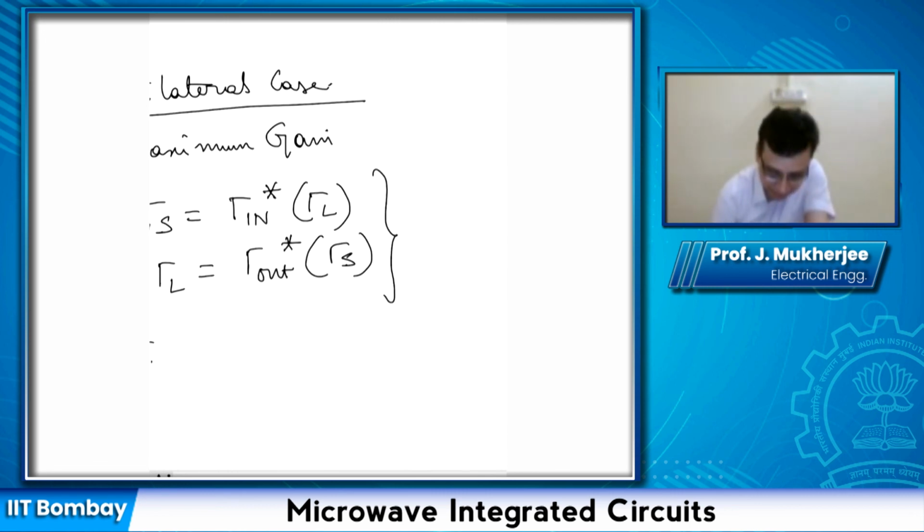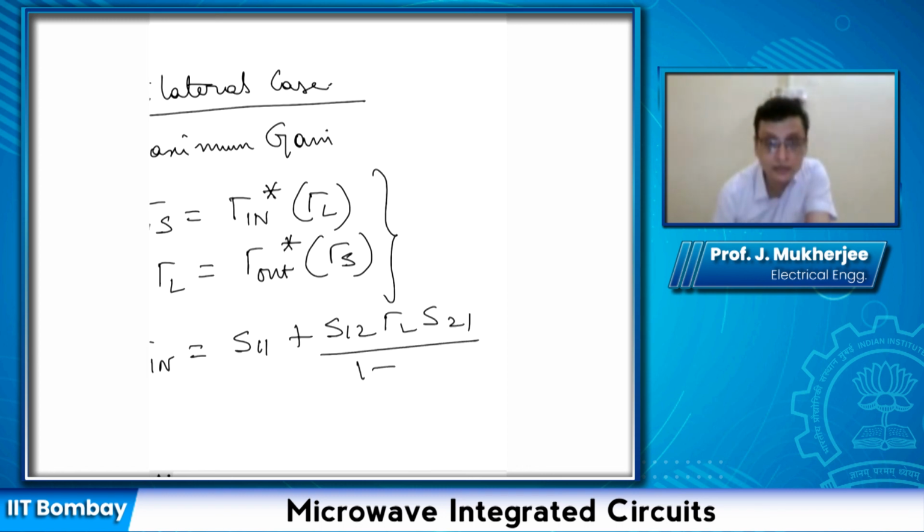Because recall gamma in is equal to S11 plus S12 S21 gamma L upon 1 minus S22 gamma L. So this is the formula for gamma in.